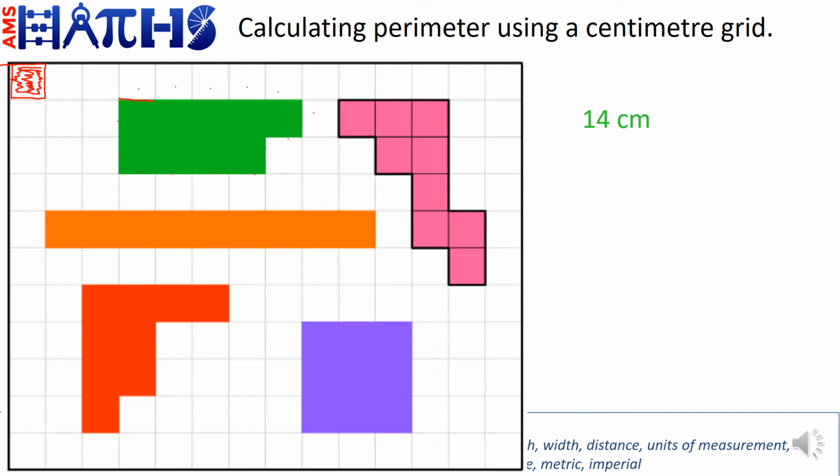Now, let us look at the perimeter for the orange shape. So again, we are going around the shape, finding all the lengths that we are going to count.